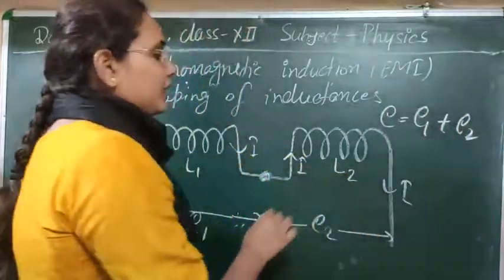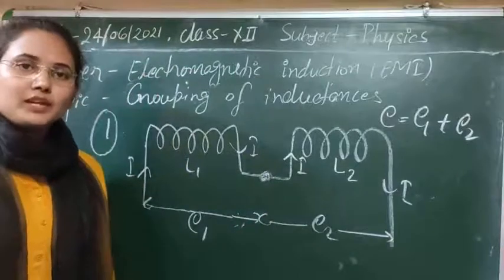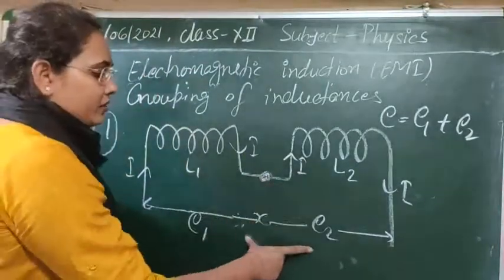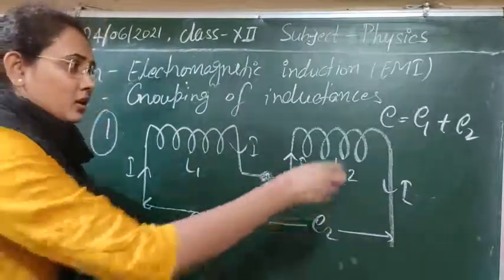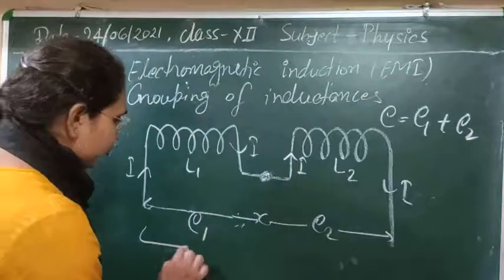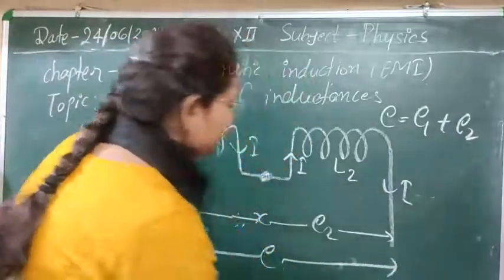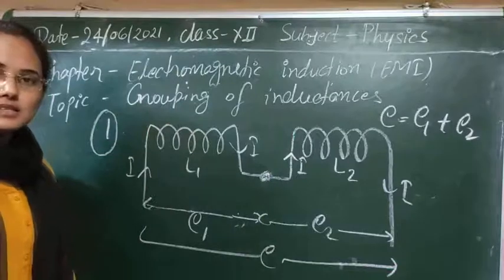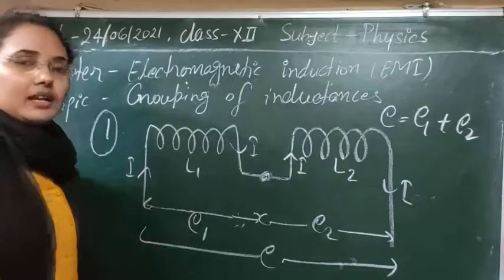This is the series combination law. You know that potential is distributed in series combination, so EMF will also be distributed. Suppose the whole is denoted by E. So I think the first grouping of inductances in series combination is now very clear to you.